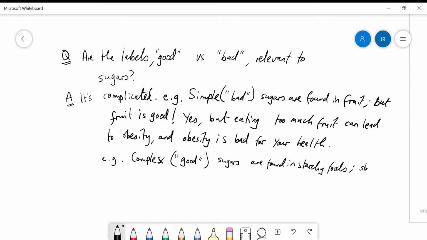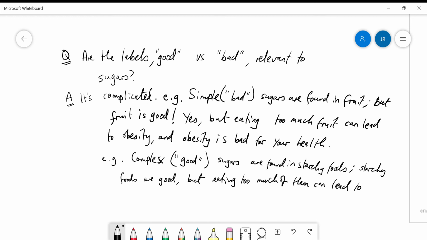So starchy foods are good, but eating too much of them can lead to obesity, and obesity is bad for your health.